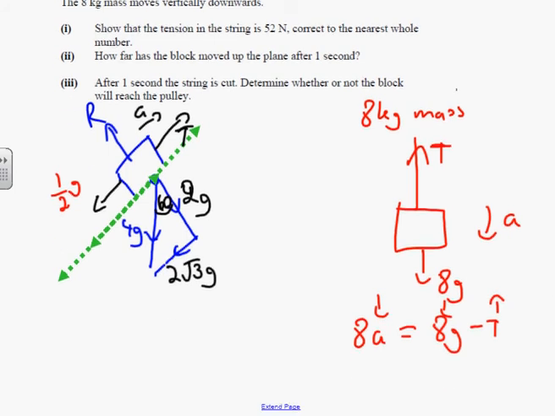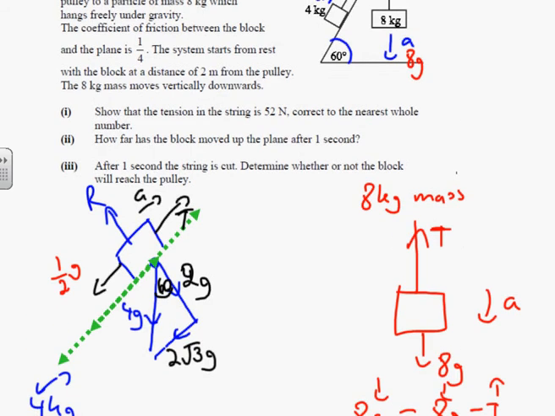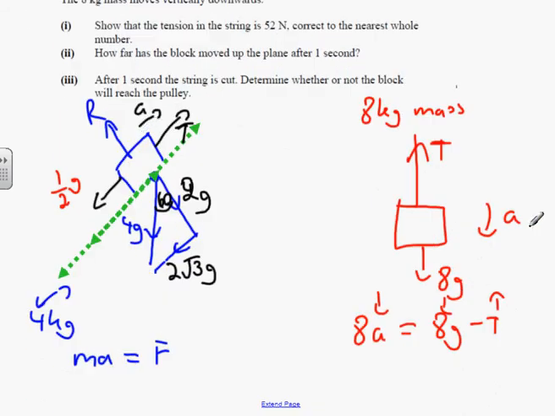Okay, and what about the equation for this one here? 4 kilogram mass moving parallel to the plane. So MA is the force. So what's MA? How heavy is the block again? 4 kilograms. So 4A going up the plane. What's the force that goes up the plane? Tension. Tension leads.